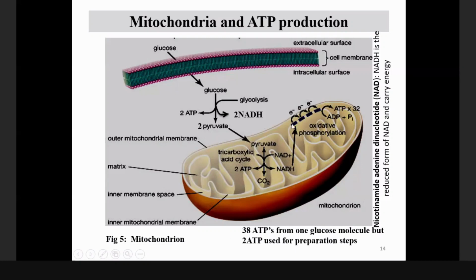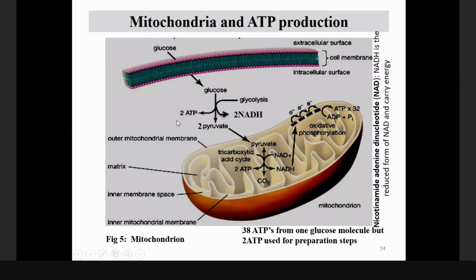In the mitochondria there are cascades, and finally ATP is made from a single glucose molecule. So totally, 32 plus 2 is 34, plus 2 is 36, so 36 ATP are made from a single glucose molecule, and that is through glycolysis and oxidative phosphorylation.